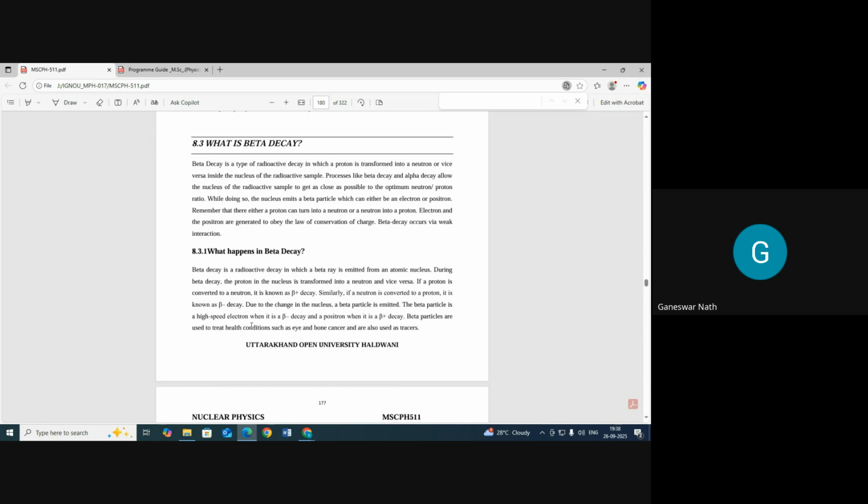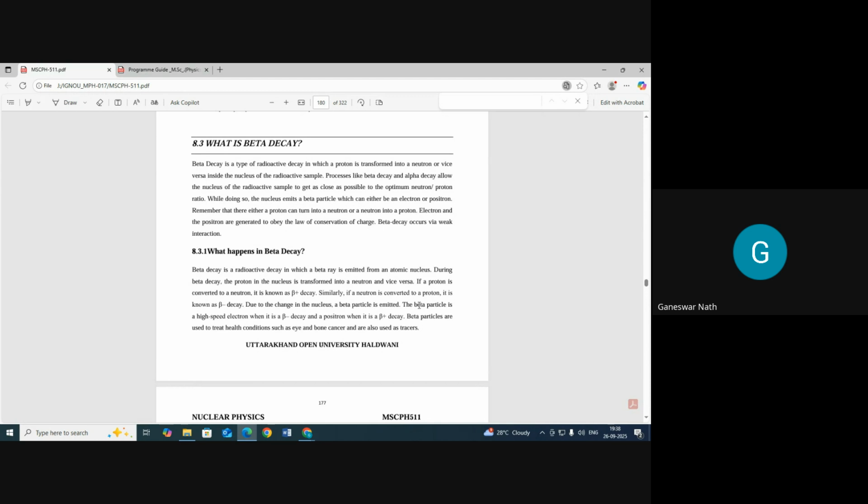Then what happens in a beta decay? Beta decay is a radioactive decay in which a beta ray, meaning an electron, is emitted from an atomic nucleus, and during beta decay a proton in the nucleus is transformed into a neutron and vice versa. If a proton is converted into a neutron, it is known as beta plus. Similarly, if a neutron is converted into a proton, it is known as beta minus. So accordingly, beta decay is of two types: beta plus and beta minus.